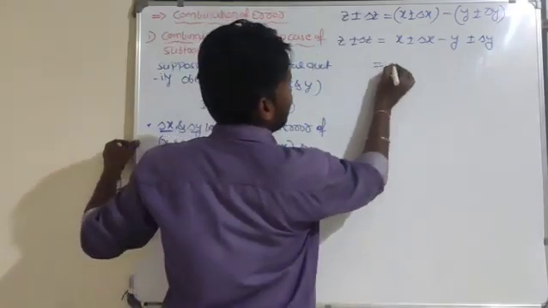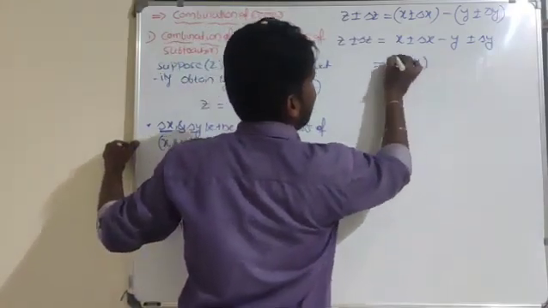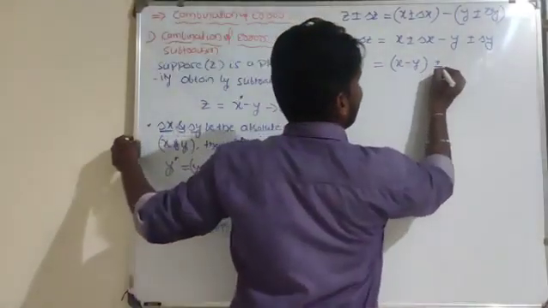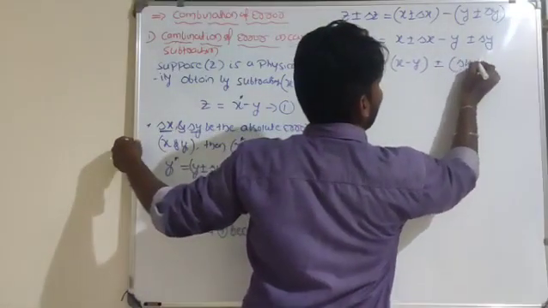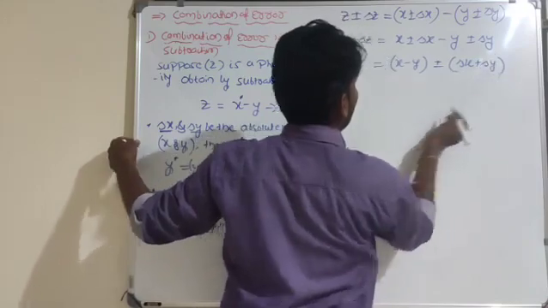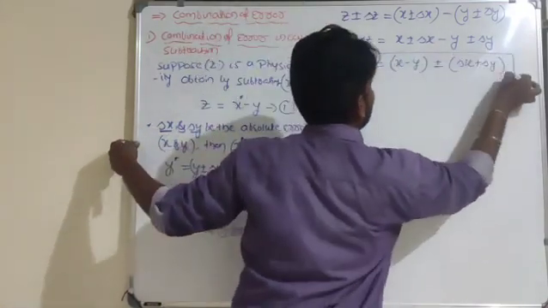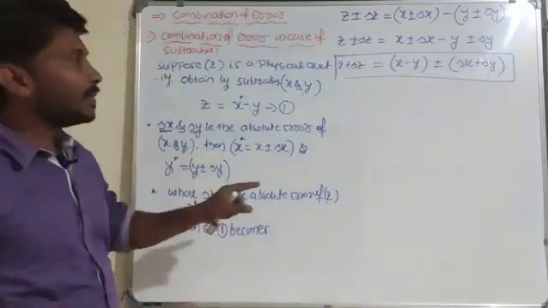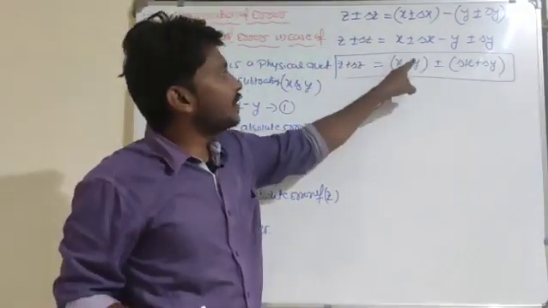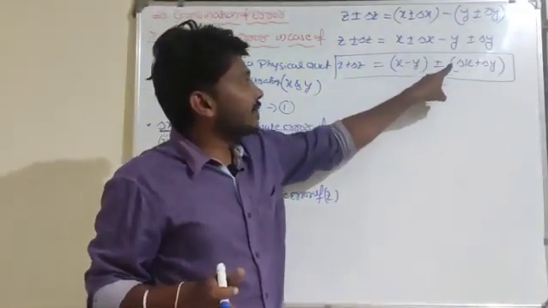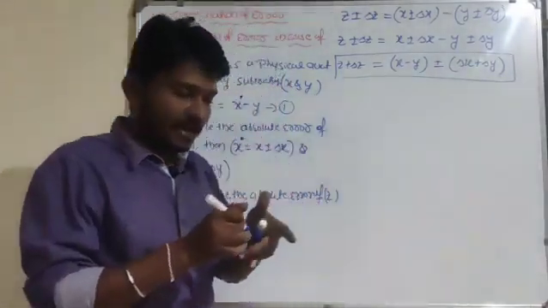Shall I write this equation as x minus y, plus or minus delta of x plus delta of y, I can consider. So z plus or minus delta of z is equal to what? z plus or minus delta of z is equal to x minus y, so x minus y plus or minus delta of x plus delta of y here.